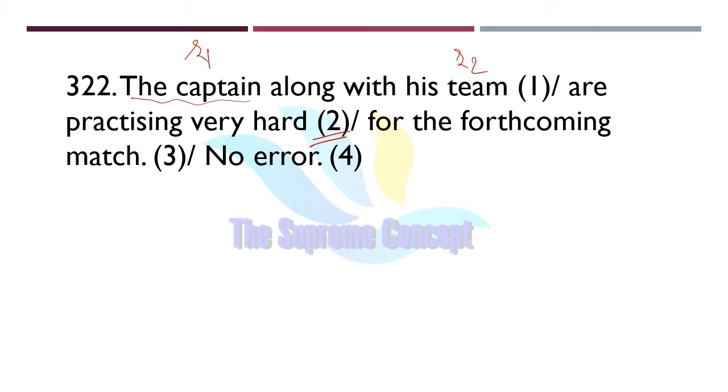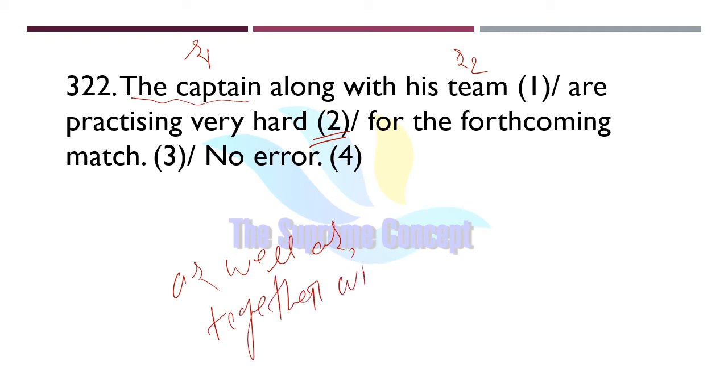So whenever two subjects are connected by as well as, or together with, or especially things like along with, with these conjunctions, the verb will follow the first subject.